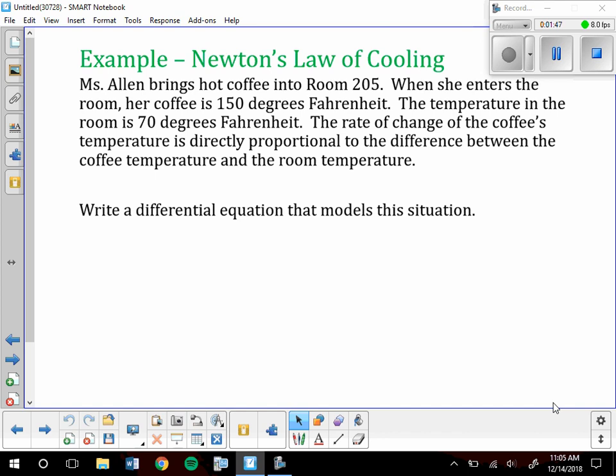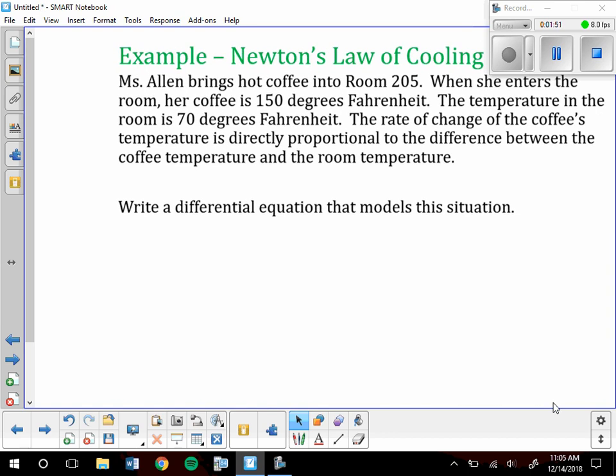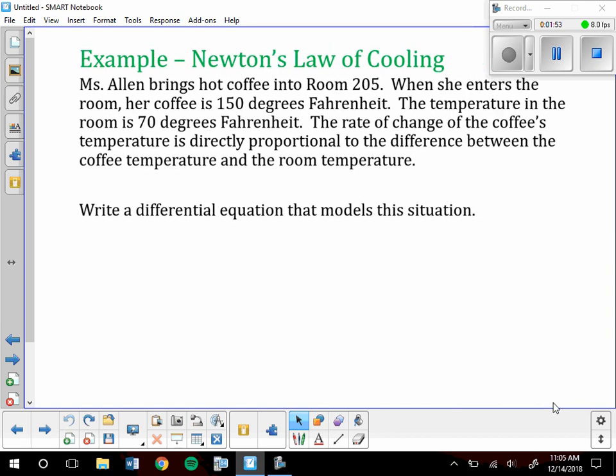Let's start with this mathematical term. The rate of change of the coffee's temperature. So we can call the coffee's temperature F for degrees Fahrenheit.